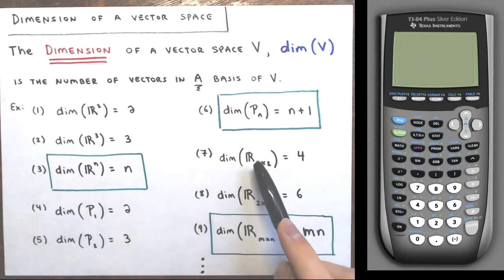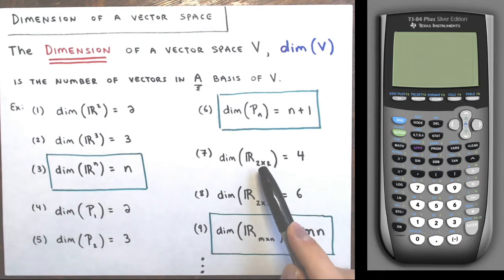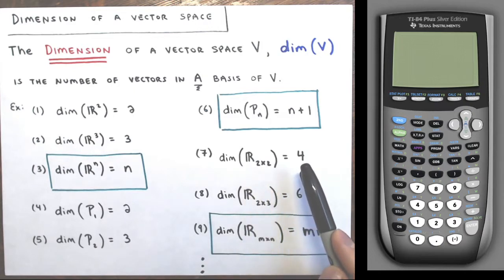And then for the sets of matrices with real entries, the vector space of 2 by 2 matrices, remember that standard basis had 4 vectors in it. So the dimension of the 2 by 2 matrices vector space is 4.